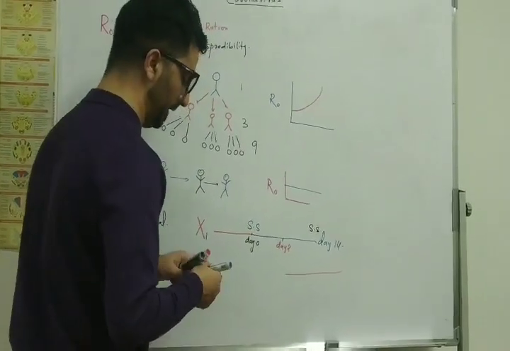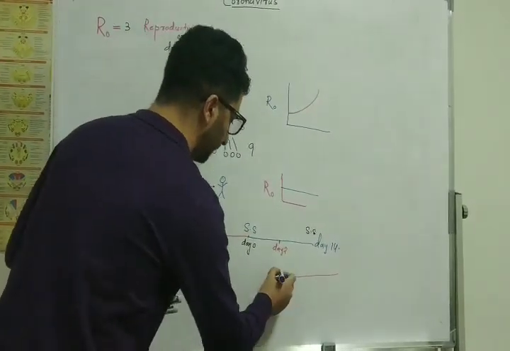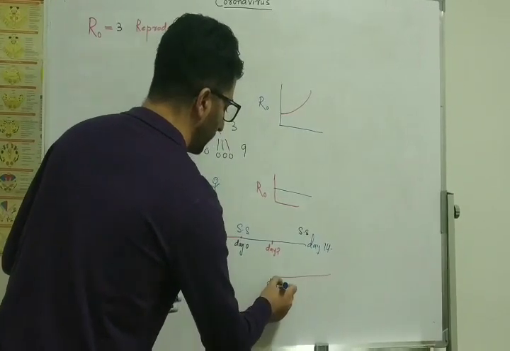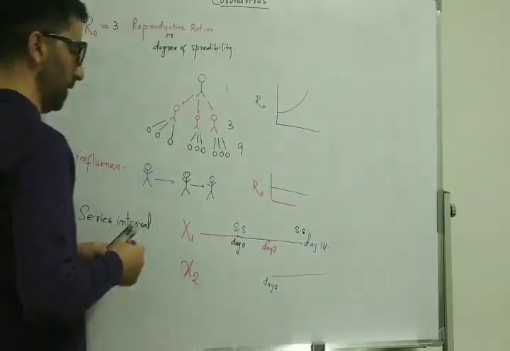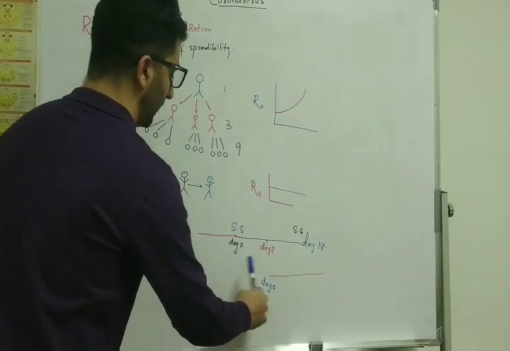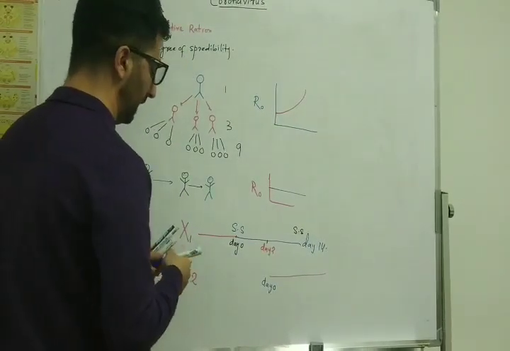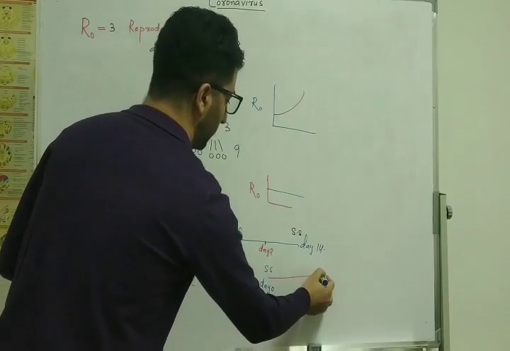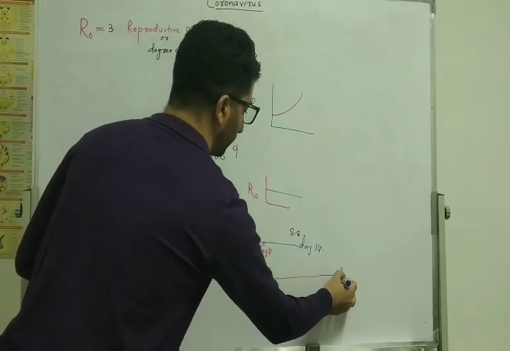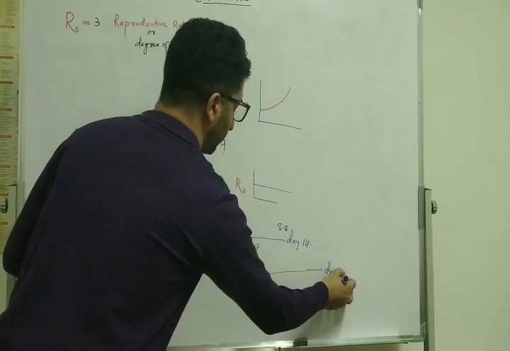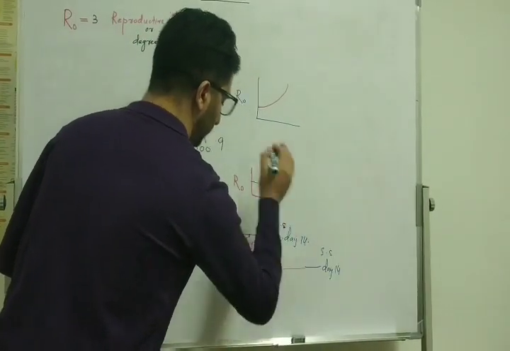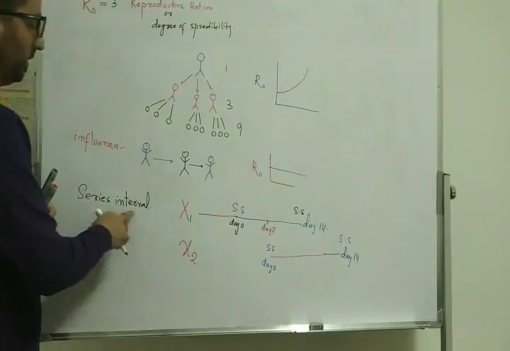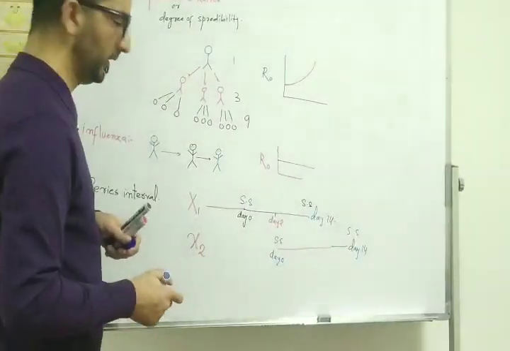In the second person, their symptoms start at D0 and continue until D14, when symptoms stop. I just want to make you more clear about what the serial interval is.